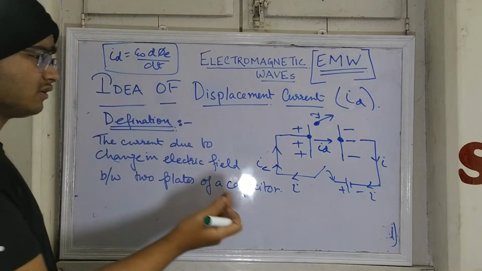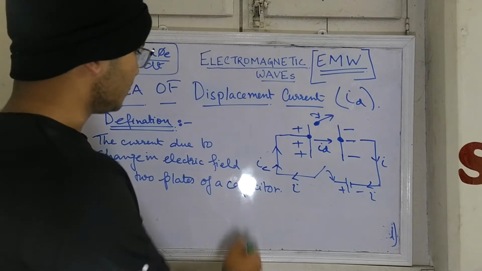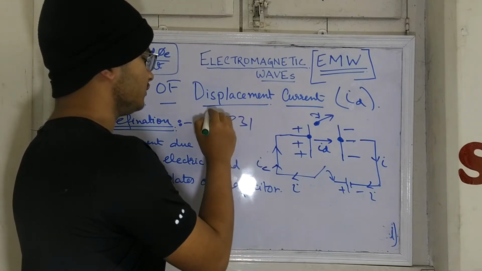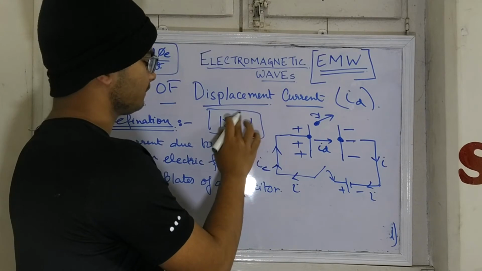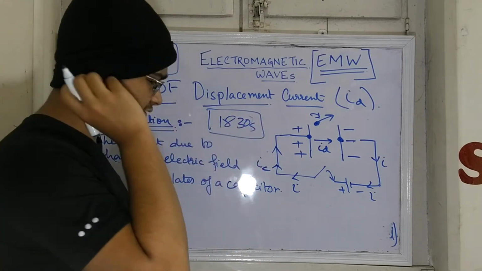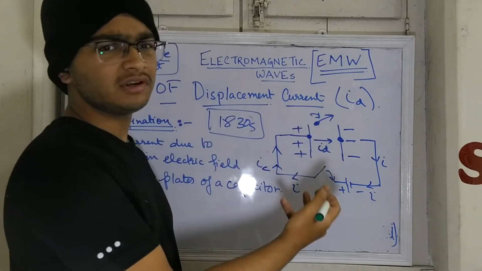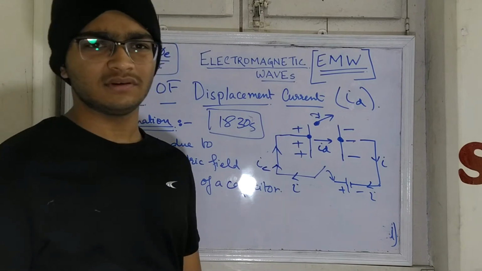Now this also solved the continuity of the current between the two plates of a capacitor, because at that time, in the 1830s, there was a big question about the continuity of current between these two plates of a capacitor.